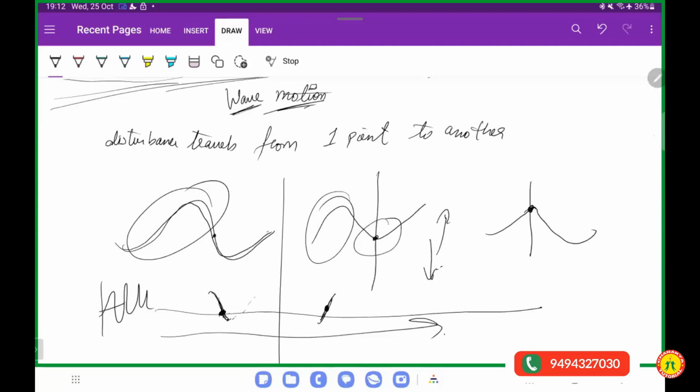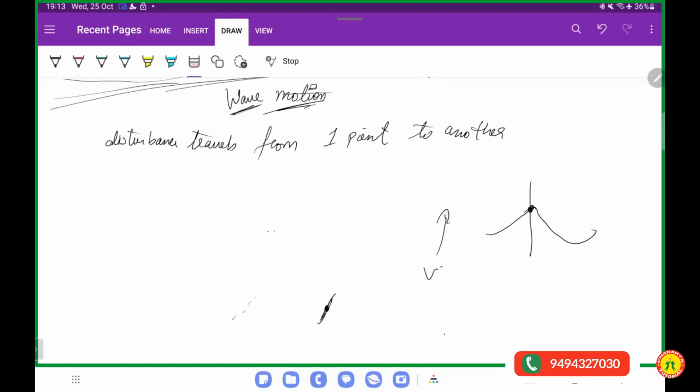So the disturbance is going up and down. The particle is in the same position. The particle is not moving. We are just studying wave motion. So the disturbance is moving. Wave means the disturbance is moving. The particle is not moving. The particle is in the same position.